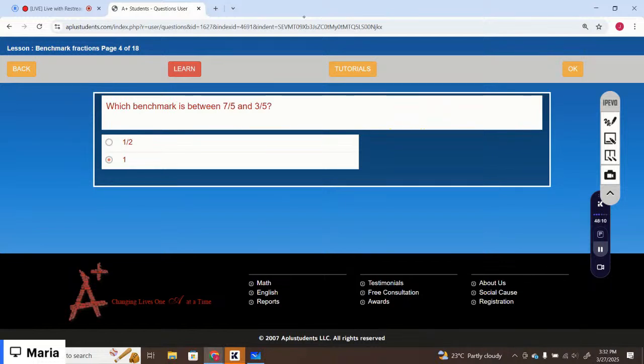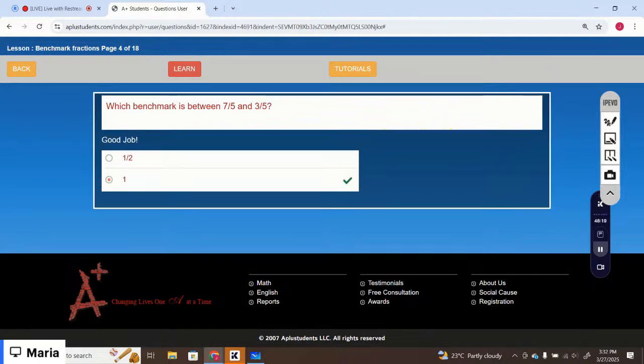That means the fraction is greater than 1. So the benchmark is 1. 7 by 5 is greater than 1, and 3 by 5 is less than 1. Option number 2 is the correct option.